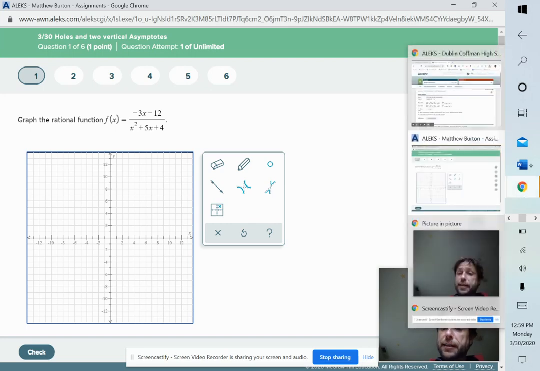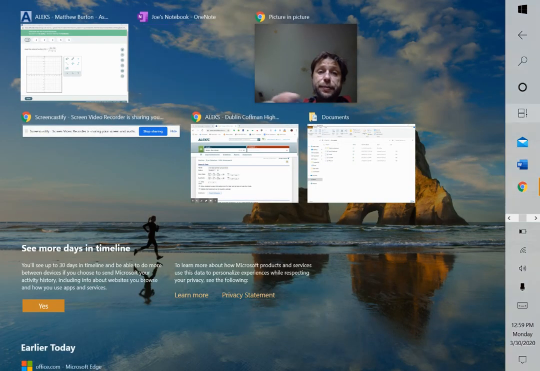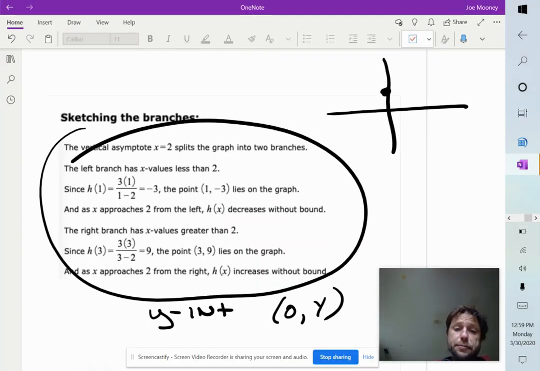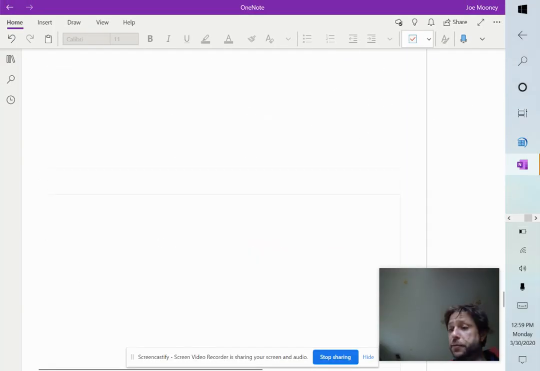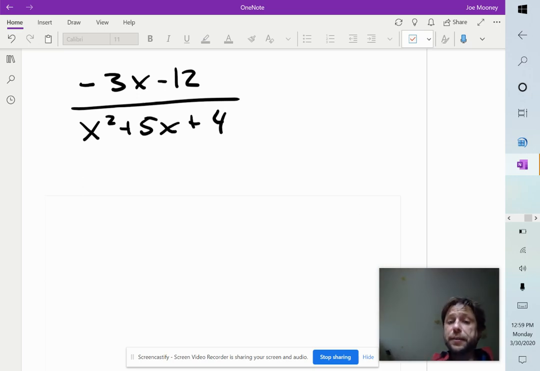Okay, so let's go ahead. All right, so let's go down here. What did I say? It was negative 3x minus 12 over x squared plus 5x plus 4. Okay, so I'm going to give you a recipe list right here. First thing you do, just factor it.